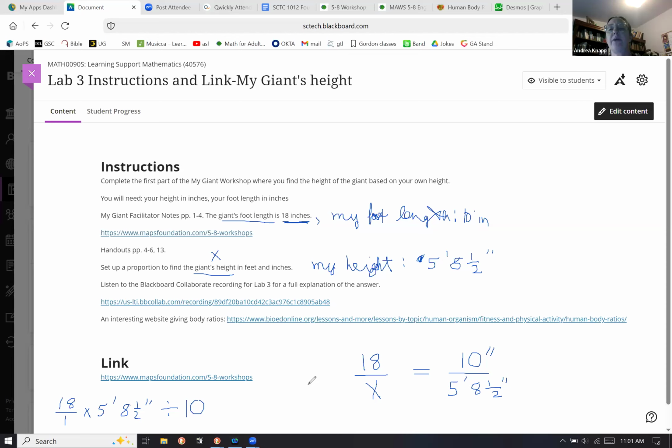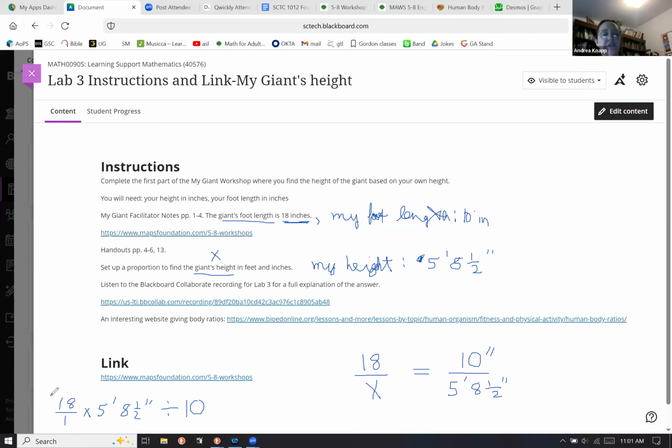Okay, now order of operations tells us if you have just multiplying and dividing in your expression, you just go from left to right. So we'll go 18 times 5 foot 8.5 inches divided by 10.